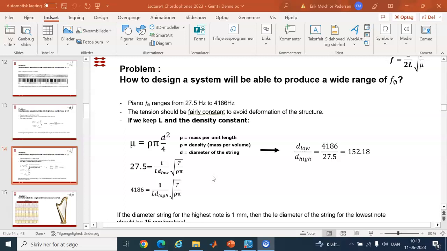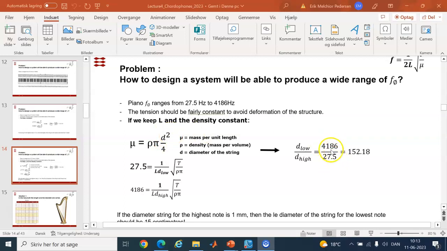Now we have to find out the relation between d low and d high. And then this again is 4186 divided by 27.5. Beware, remark that inside the square root there's a d squared.